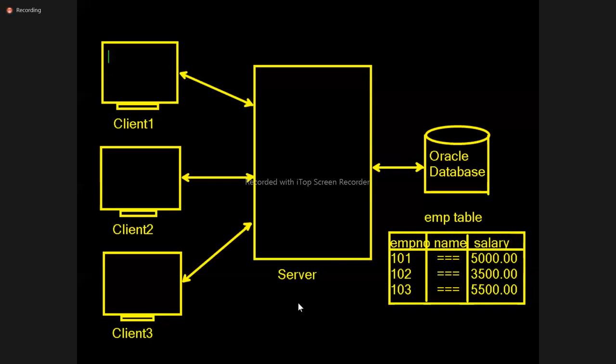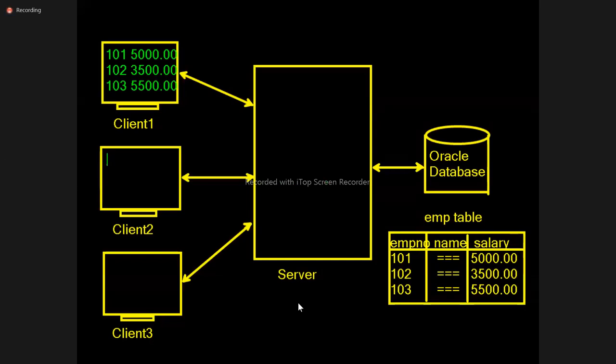Then 101, 5,000, 102, 3,500, 103, 5,500. Like this, data is retrieved from the database. Same, client 2 will also send the request: select star from EMP, and all records come.